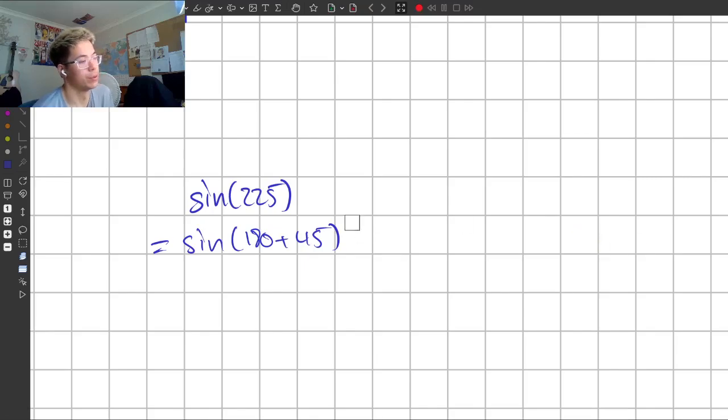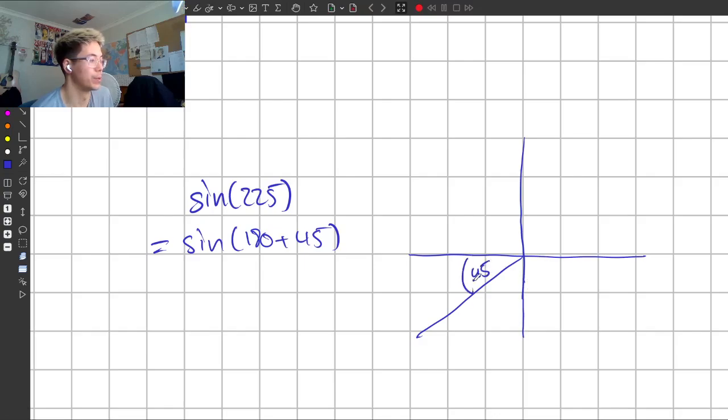But that formula is a little bit redundant in a case like this, because you can just draw this out. This will be this angle here, so this will be 45. And then this whole angle here is 225.